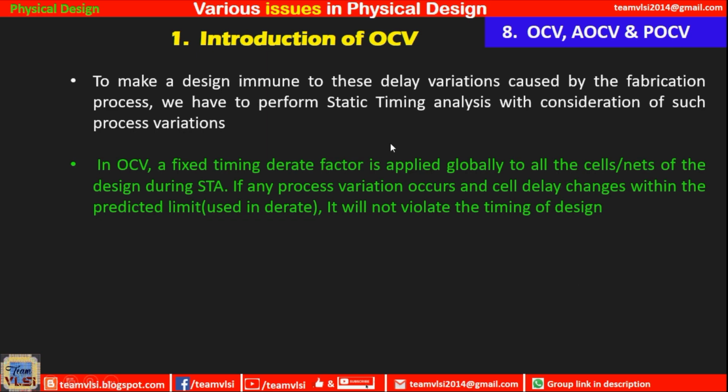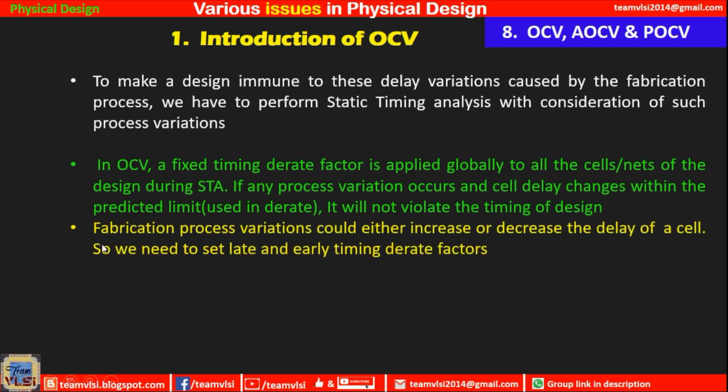In this way we consider variations while doing STA. Fabrication process variations could either increase or decrease the delay of a cell, so we need to set late and early timing derate factors. Either it can make your delay worse, or it can make the delay early, meaning your cell could also be fast.